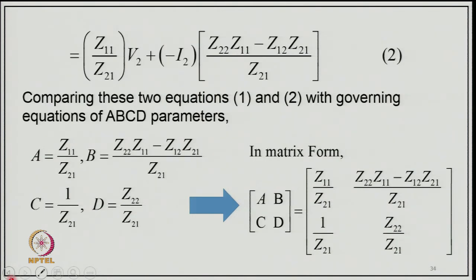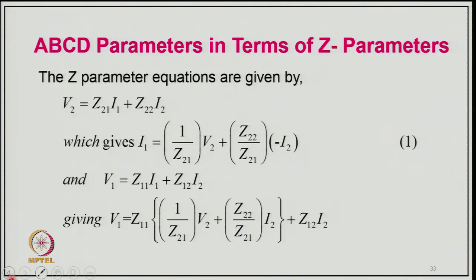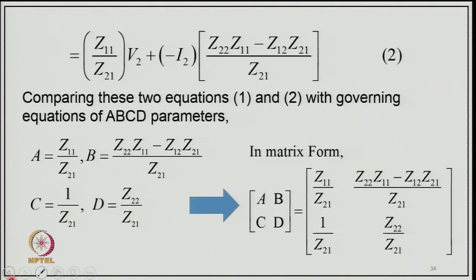From this, V1 = Z11/Z21 V2 + (-I2)(Z22 Z11 - Z12 Z21)/Z21. Comparing these two equations with the governing equations of ABCD parameters, we can write A = Z11/Z21, B = (Z22 Z11 - Z12 Z21)/Z21, C = 1/Z21, and D = Z22/Z21.